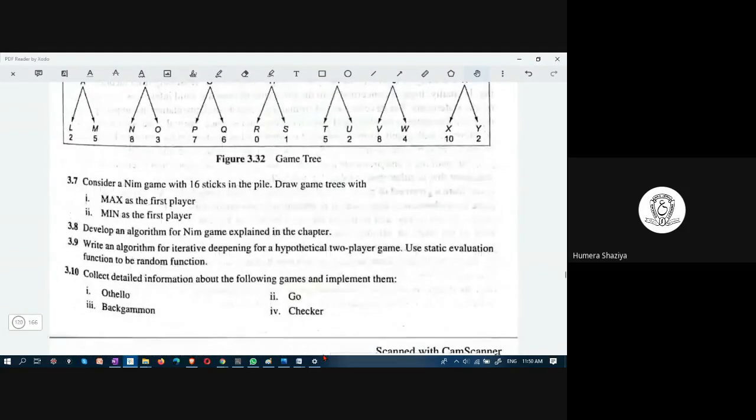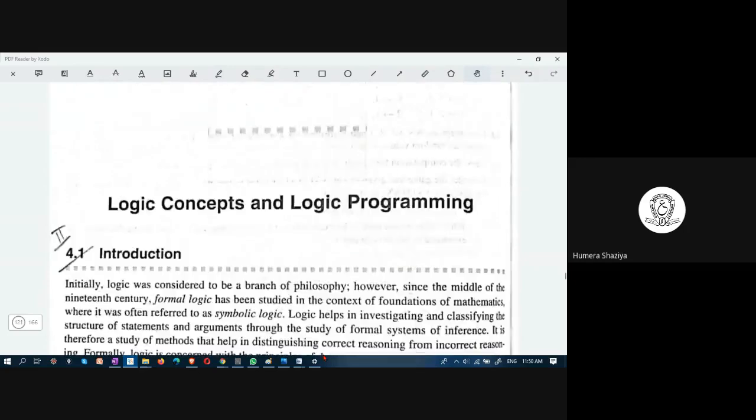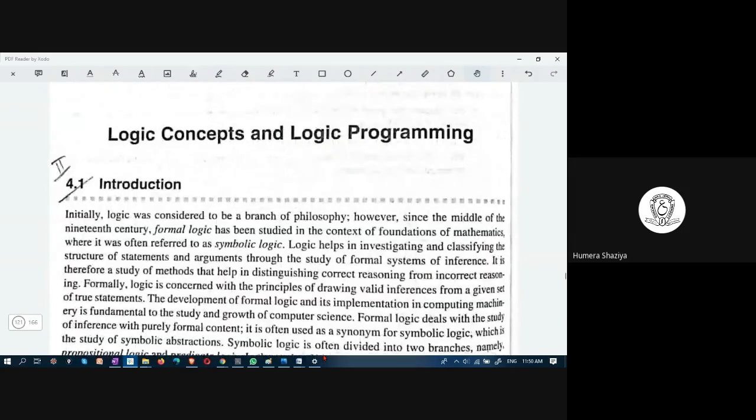These are the questions in the exercise. I urge you all to solve those to get a more detailed idea. Also, please study how an AI system has defeated the world number one chess player, and how an AI system is able to play the game called Go.